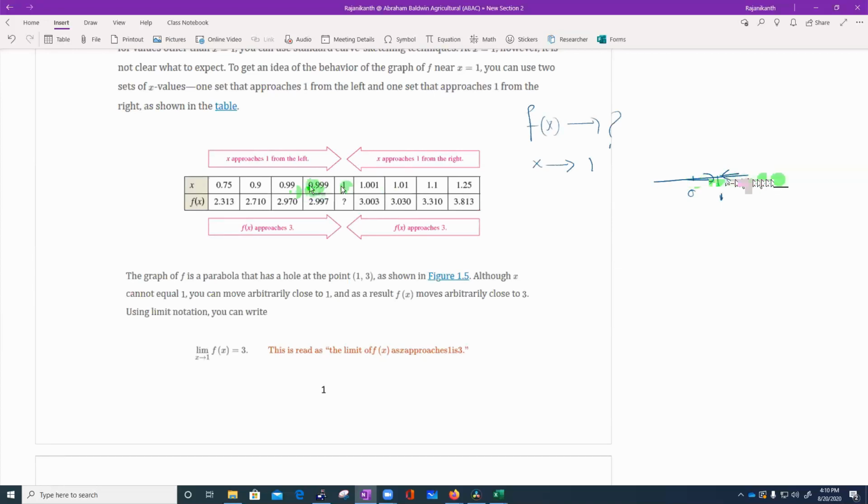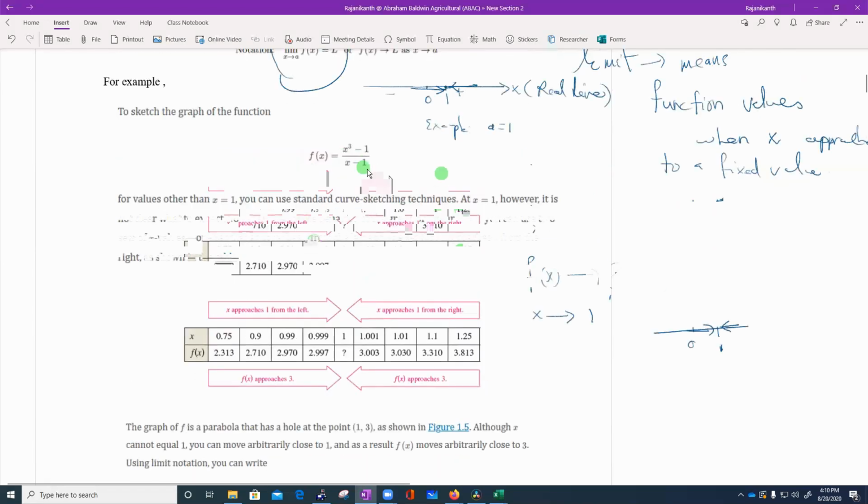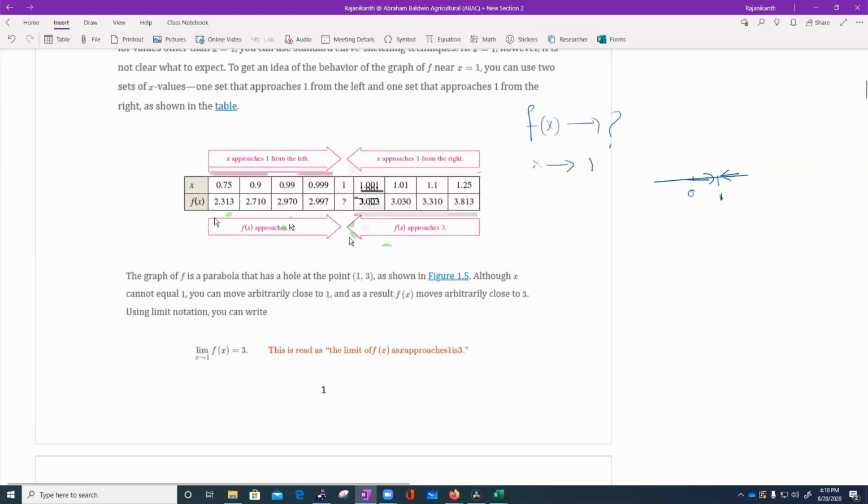So I'm plugging in numbers very close to 1: 0.999, 0.99, 0.9, 0.75. Then we pick numbers in the right direction, very close to 1: 1.001, 1.01. And we check what's happening to the function. My function is x cubed minus 1 over x minus 1. So we are finding the limiting value, and this table will give you some idea.